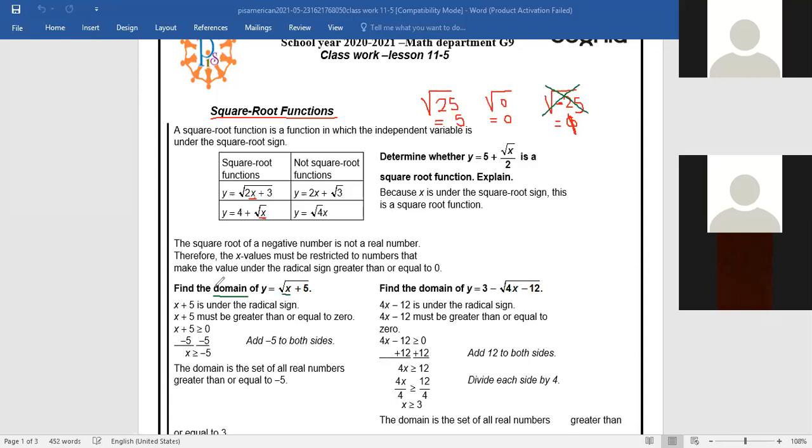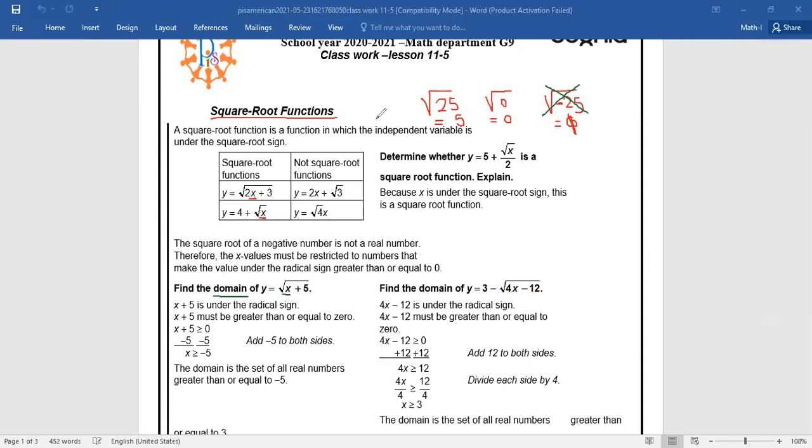So how can we answer? We will take the expression under the radical sign first. We said when the number is positive, we can find the answer. When the number is 0, we can find the answer. When the number is negative, we cannot find the answer.